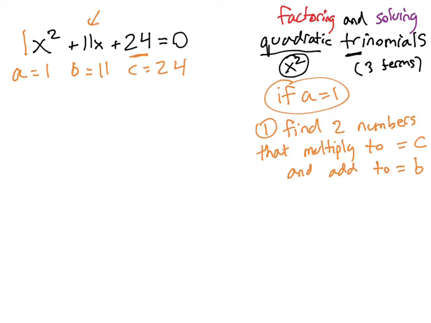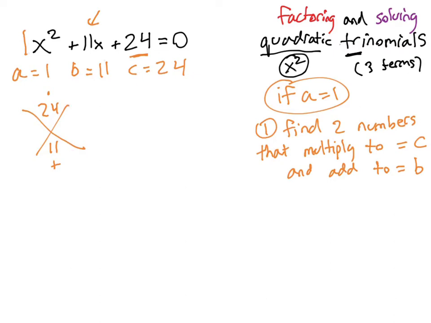So there are a lot of different ways that we could write this when we're setting it up, but here's one way that I like. We're going to make a little diamond here for ourselves, and the two numbers that we pick need to multiply together to give us this number on the top and add together to give us this number on the bottom.